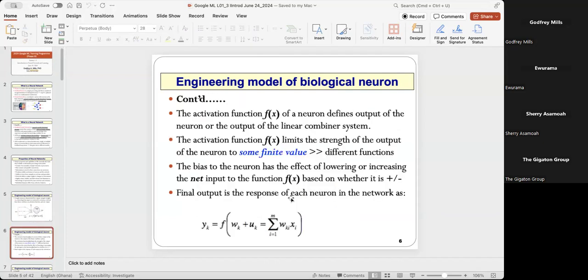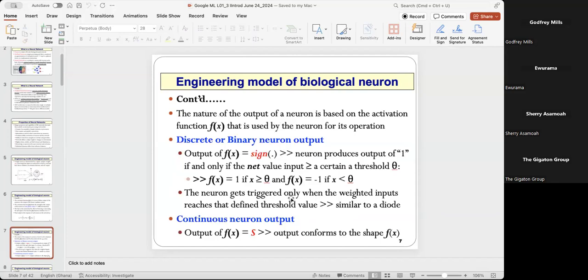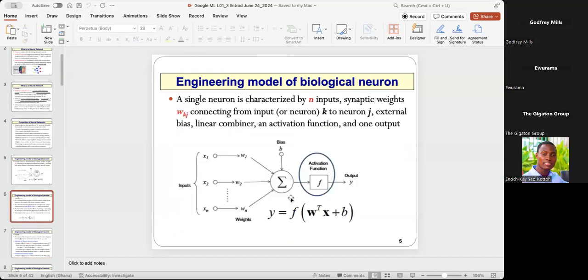So now we have to look at what type of function, which I call the activation function, we want to perform. That is what we now have to deal with.